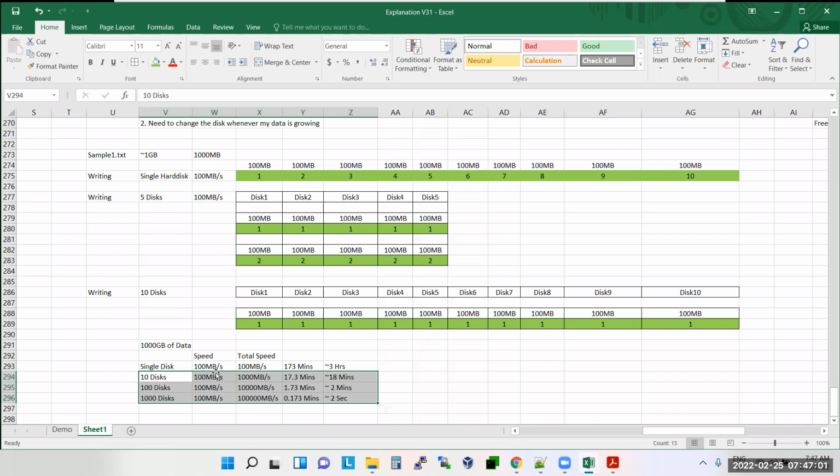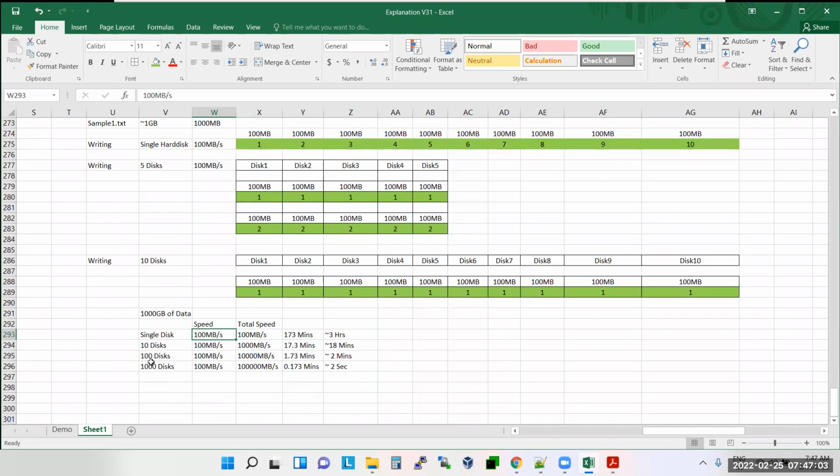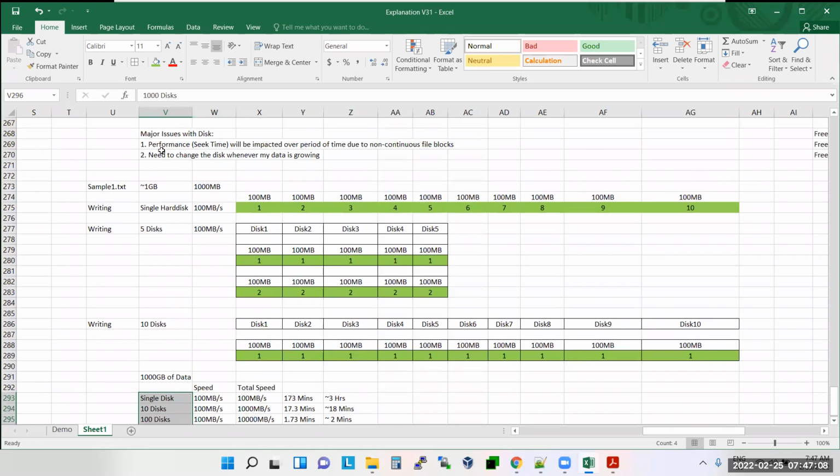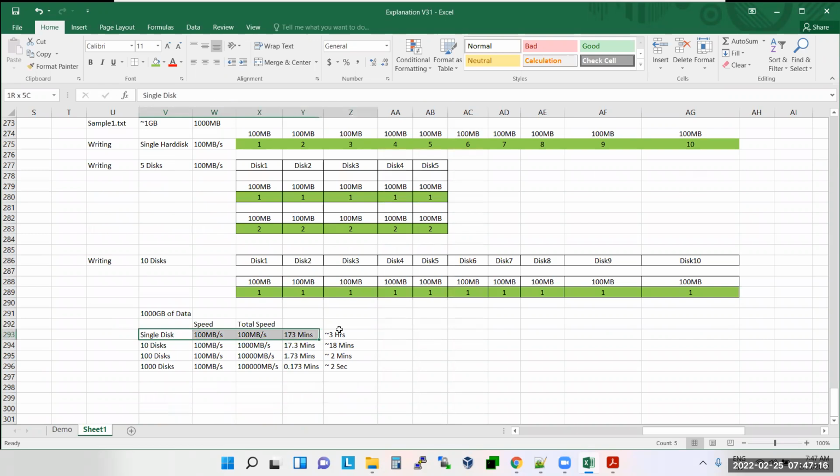Now tell me, by adding more and more disks, can you avoid these performance issues? Yes, sir. So this is the problem: with a single disk, we have a performance issue.